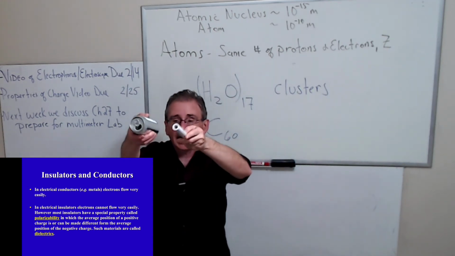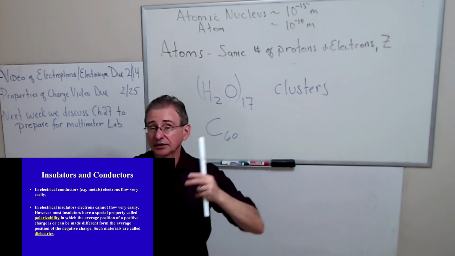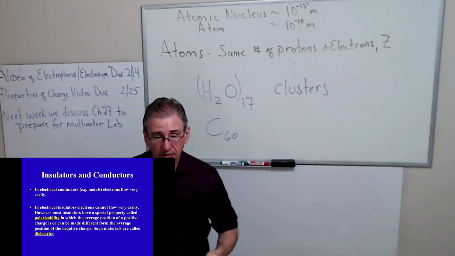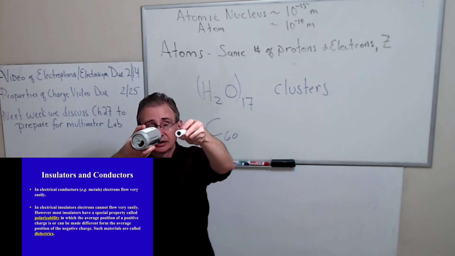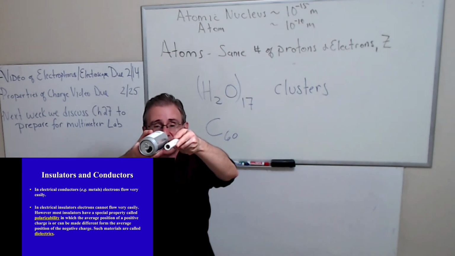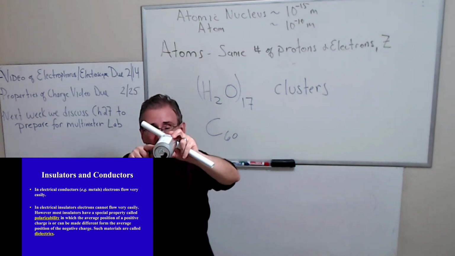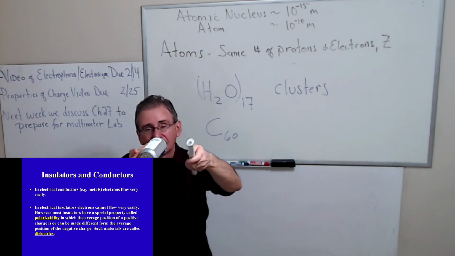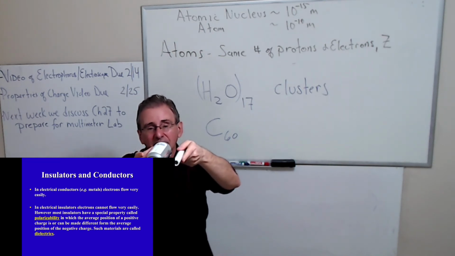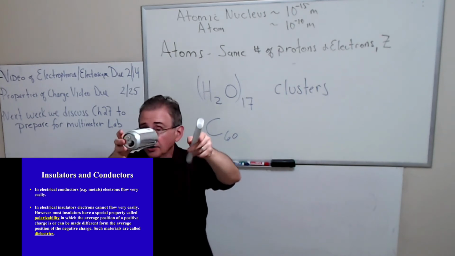When you bring it near the can, which is a conductor, it's a metal, the electrons are free to move. The electrons in the can do not like the negative charge on the rod. So the electrons in the can run away essentially to the other side of the can, leaving a net positive charge on the side near the rod. Since you have a negative charge on the rod and a positive charge in the vicinity of the rod from the can, they're going to attract each other.